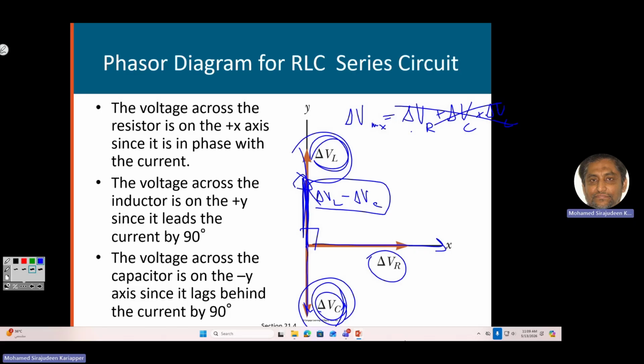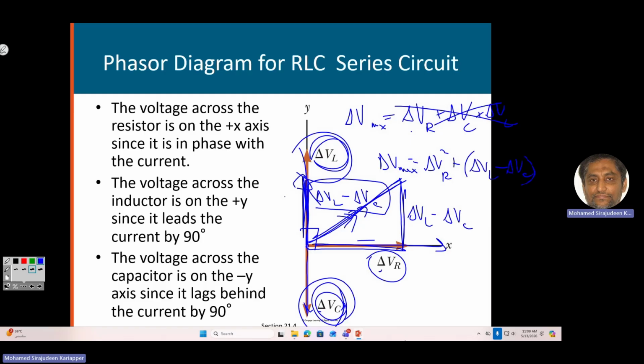Then we have this one and that one. One is along the x-axis and one is along the y-axis. So you can draw this parallelogram, and using the Pythagoras theorem, you can say the total potential delta V max equals the square root of the x component, delta VR squared, plus the y component, delta VL minus delta VC, the whole thing squared.